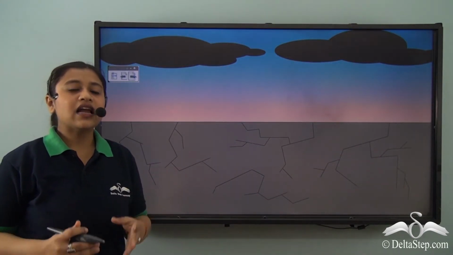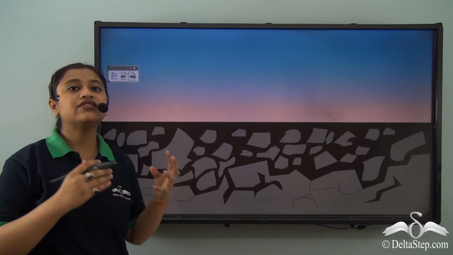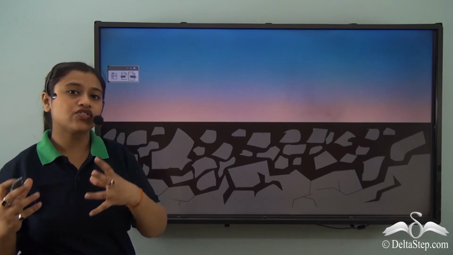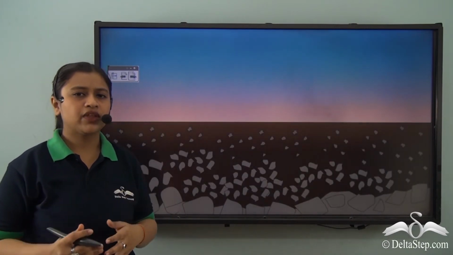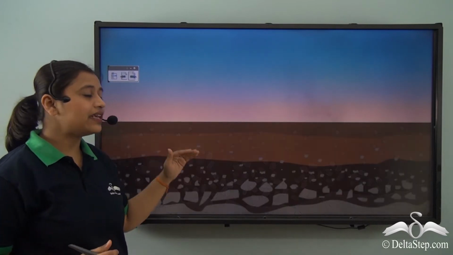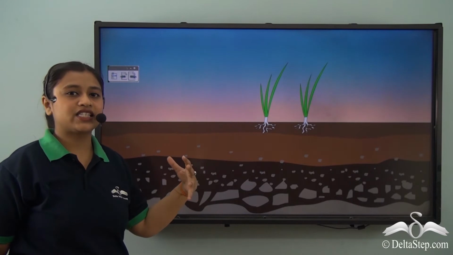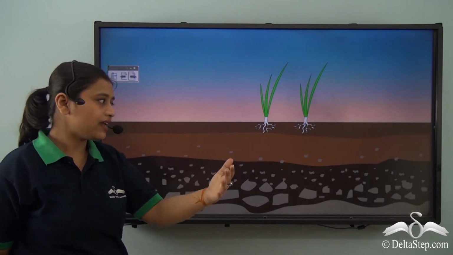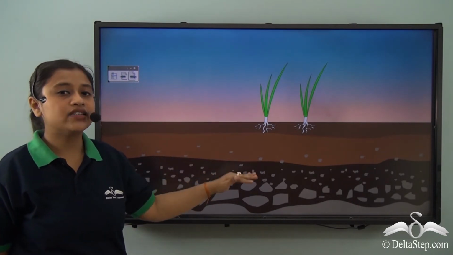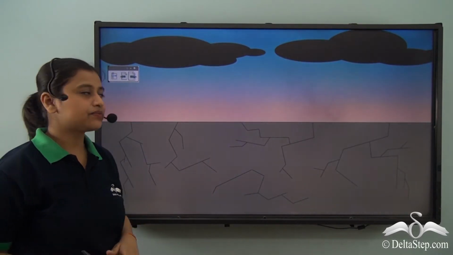Right. So till now we have understood how different factors play an important role in the formation of soil. We must also understand that these take thousands of years, and the soil formation, as it takes place over the years again and again, forms different horizontal layers, right?